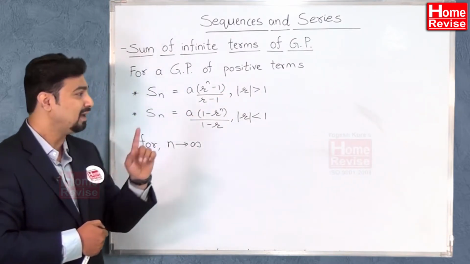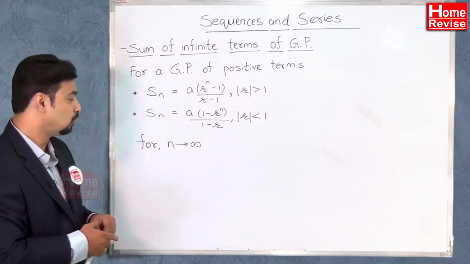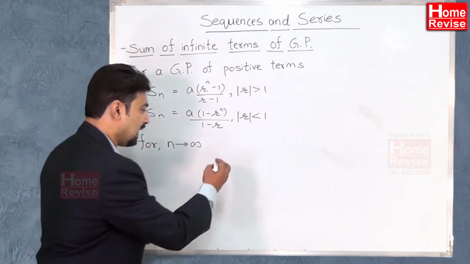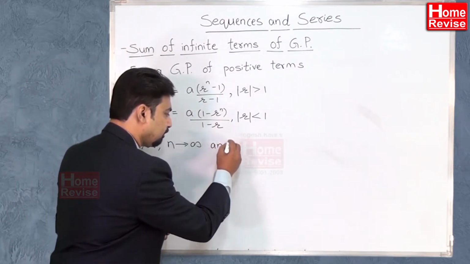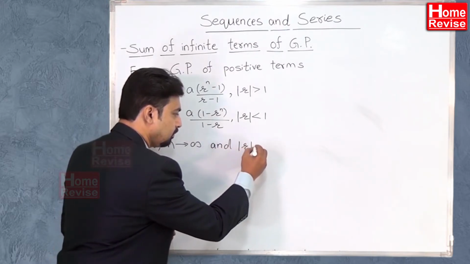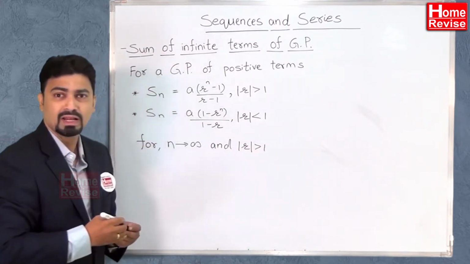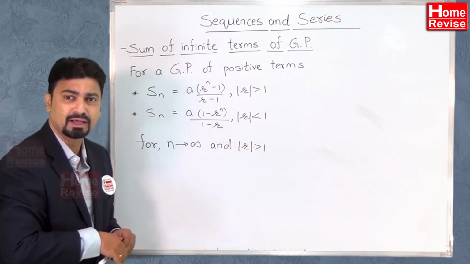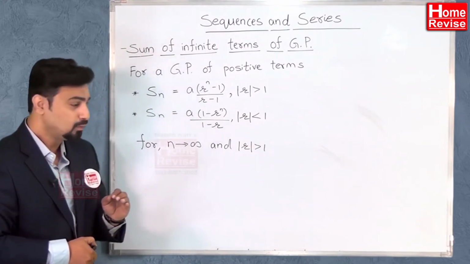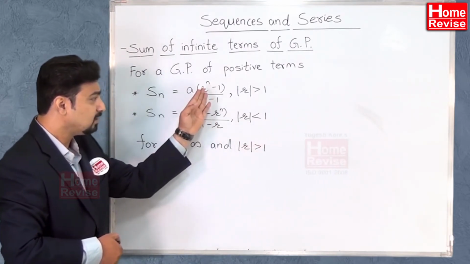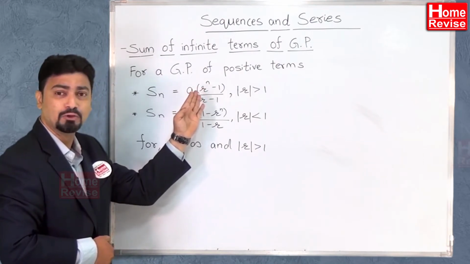Now, let us take both the cases of r, where r is greater than 1 and r is less than 1. When I say modulus of r is greater than 1, for n tends to infinity, we have r raised to n in the numerator.